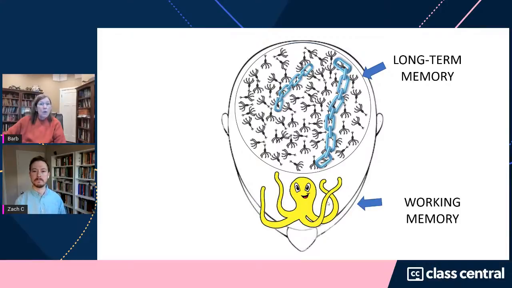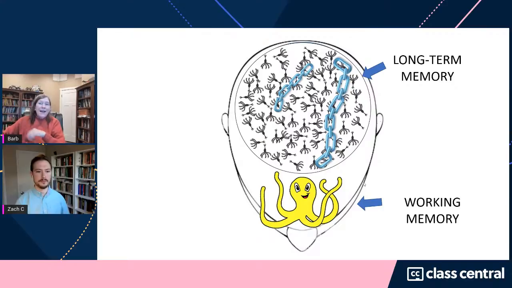And I like to model this with an octopus. The reason for this is, an octopus normally has 8 arms, but we've come to discover that working memory can hold about 4 things.